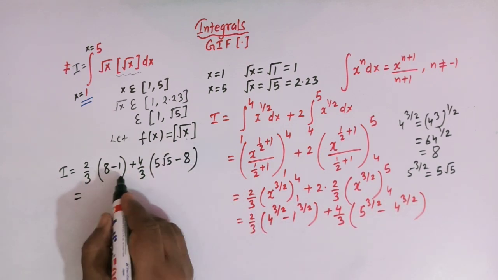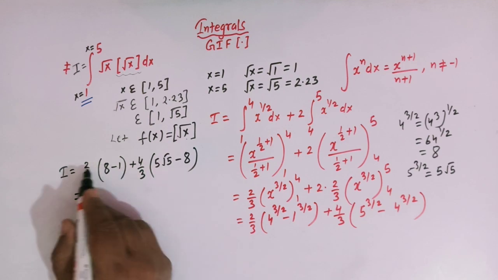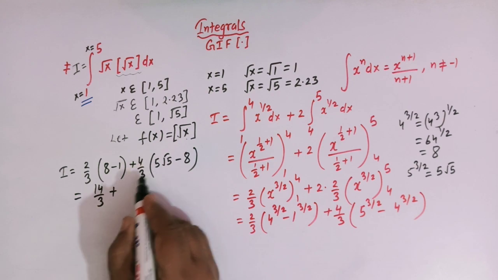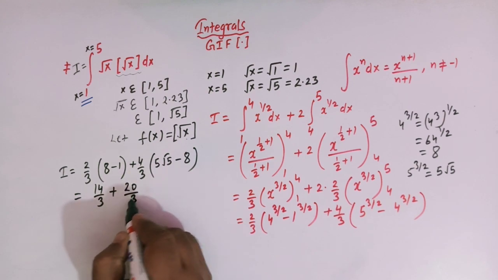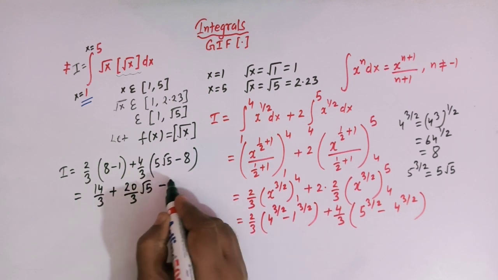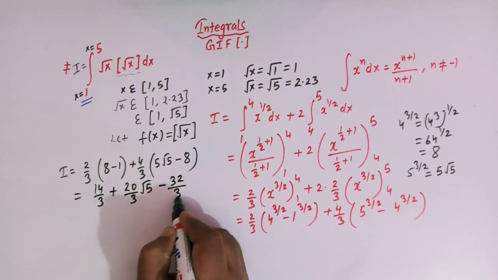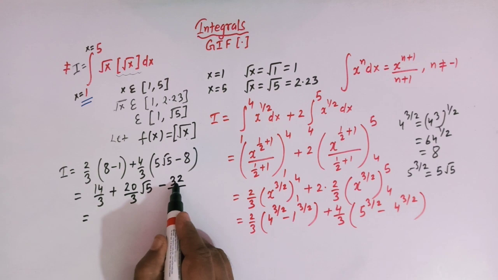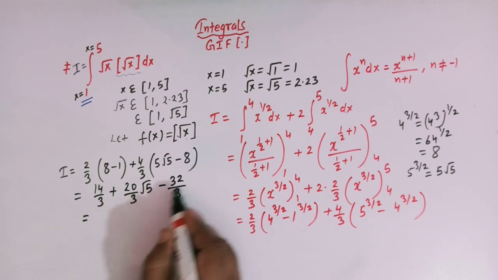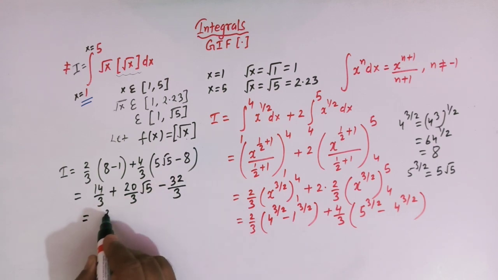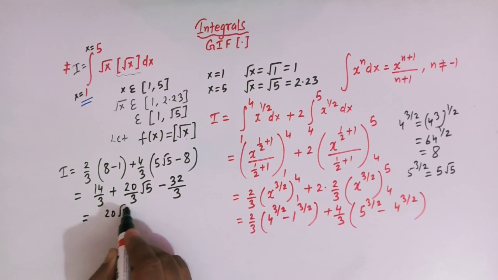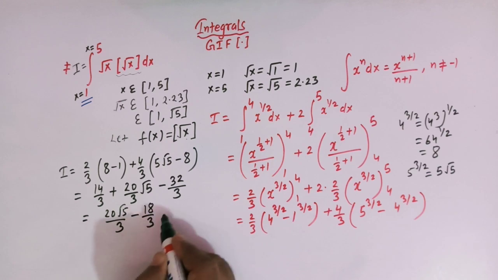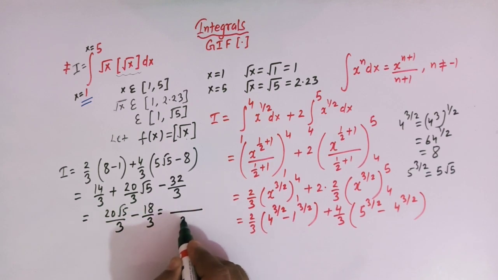So now we can simplify it. So this is 14 over 3 plus 20 over 3 root 5 minus 32 over 3, right? So now 14 minus 32 is minus 18, so this is 20 root 5 over 3 minus 18 over 3, and we can write it like this.